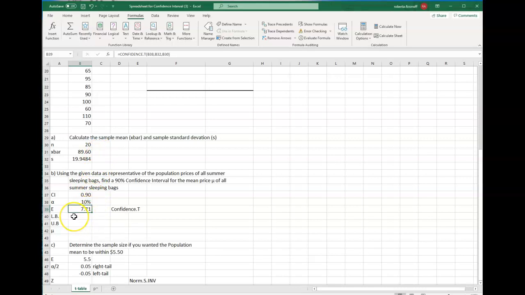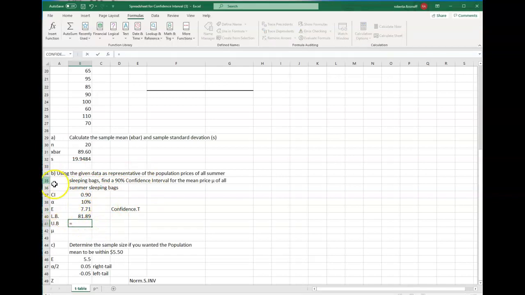To get those boundaries, for the lower boundary I take the $89.60 and subtract the $7.71, and that tells us that the sleeping bag average could be as low as $81.89.